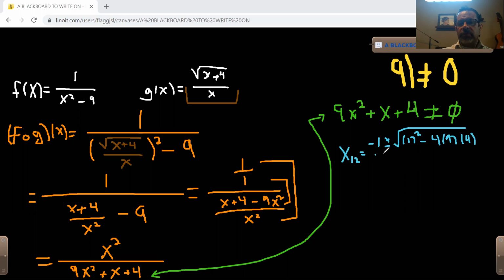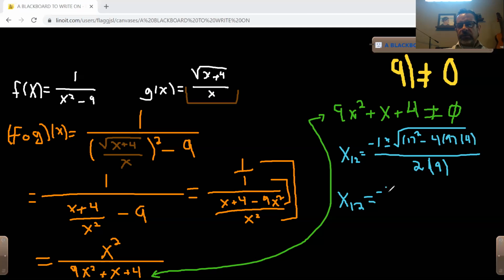I didn't try if we could factor that one or not. And 2 times a, which is 9. Okay, and this would give me the two roots. These would be the values that would have to be excluded from the domain.